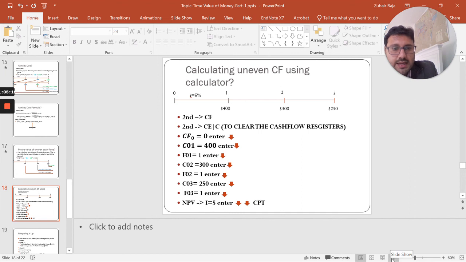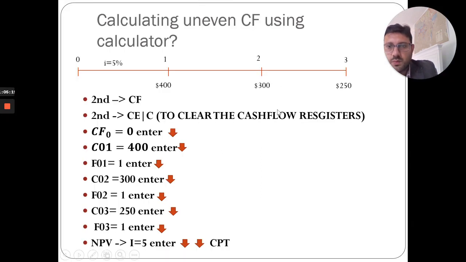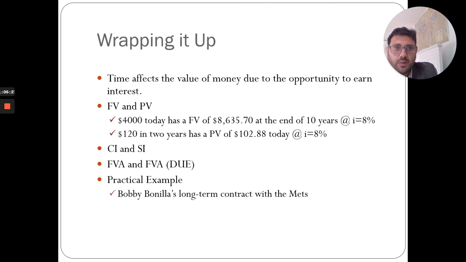So guys, this is what I have also mentioned over here, how I have done the calculation in the calculator. I'm quickly going to wrap it up. We have seen that time has an effect on cash flows coming from different time periods.